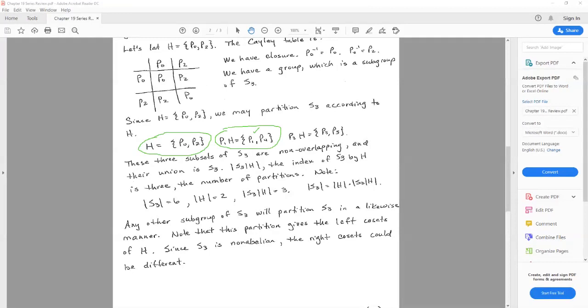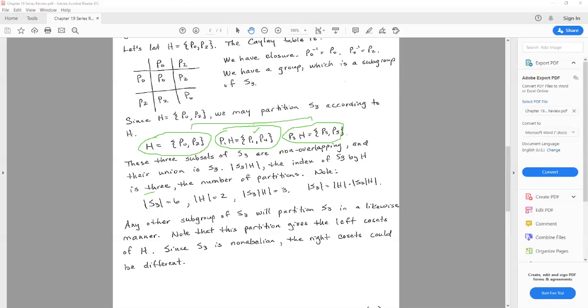And then I chose another element that has not been used, and that would be P3. And P3H gives us P3 and P5. This exhausts S3. There are no other elements to choose, which means that the index of S3 by H is 3, because I have 3 cosets using this subgroup.